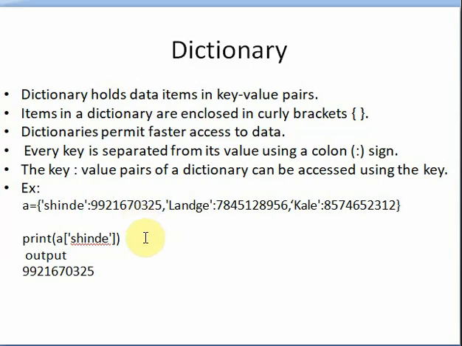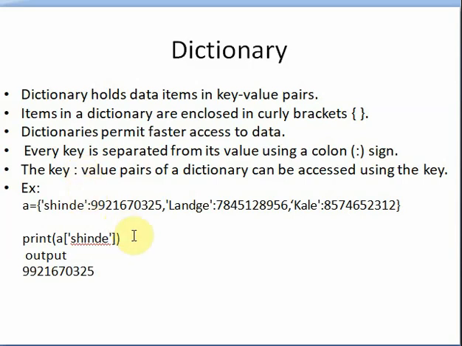Key value pair means one data is the key and the value is related to this key, and both are separated by colon.